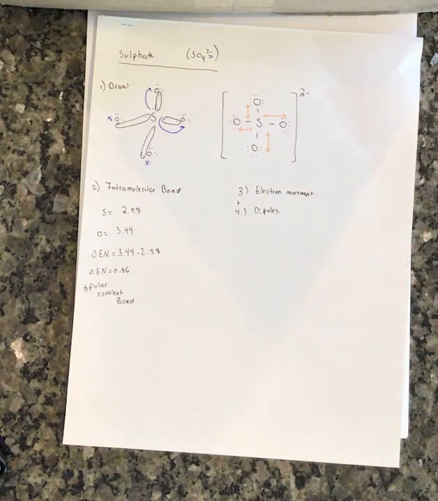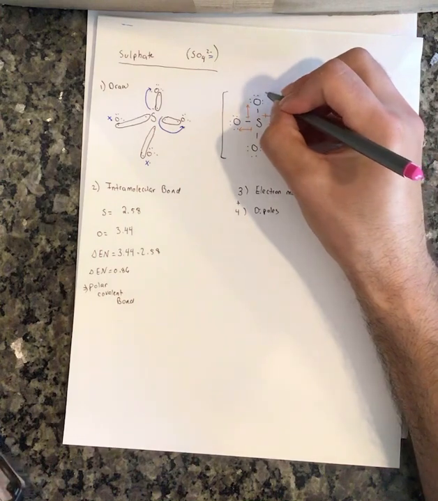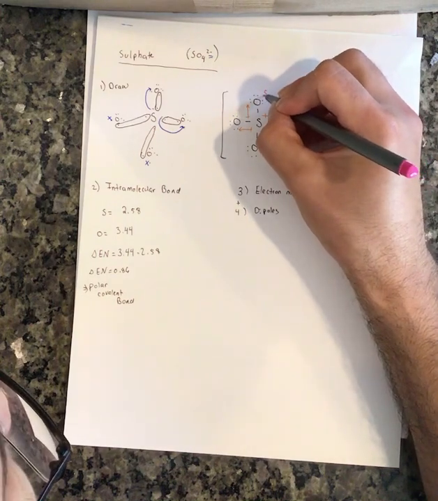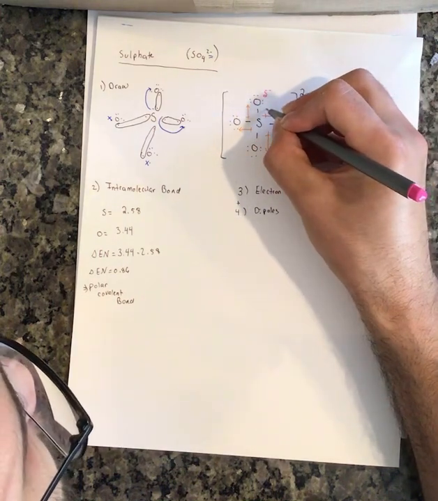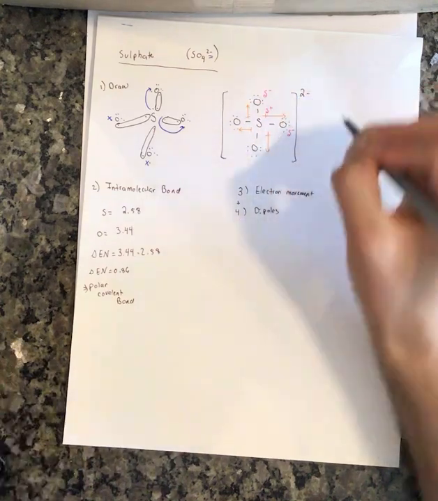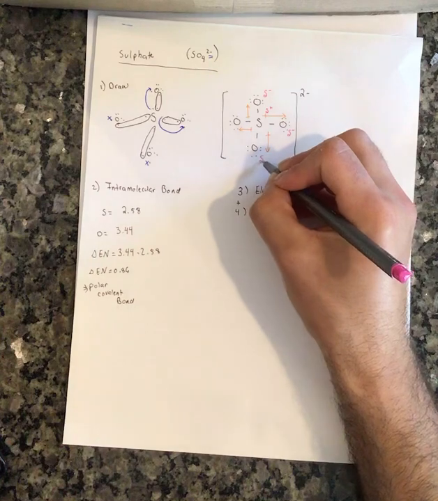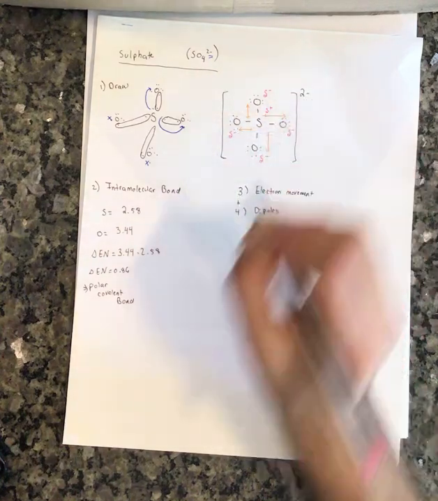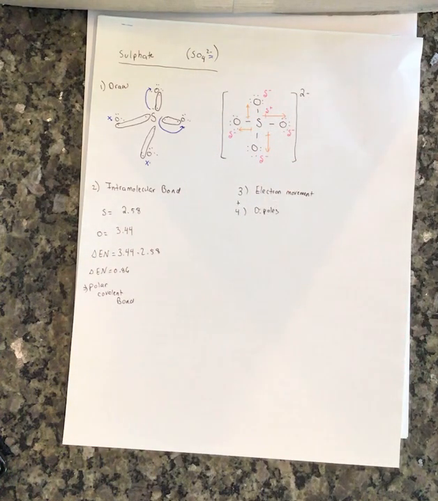Because it's pulling the electrons towards it, it's going to make oxygen partially negative, and it's going to make this sulfur partially positive. Same thing here, and same thing there. So those are my dipoles.